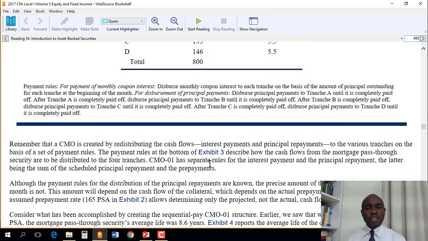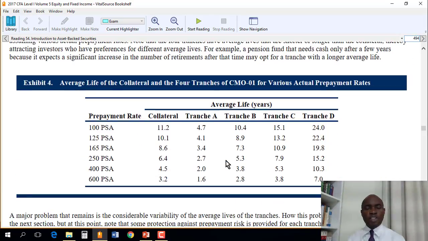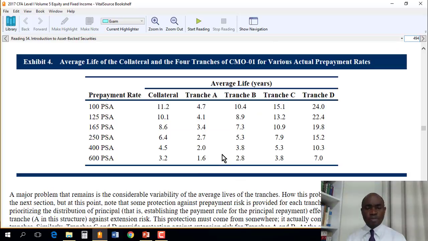Now, if you do that, this is what you're going to get as the average life. You notice that for the collateral, our projected prepayment speed was 165 PSA, the average life is 8.6 years. Now, if you pay A first, the average life is 3.4 years.